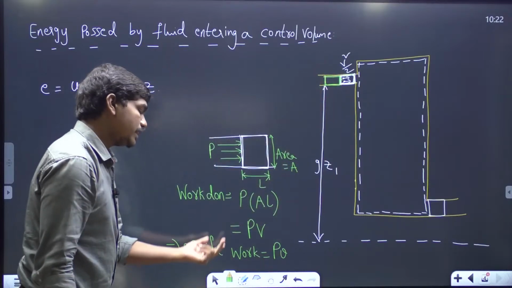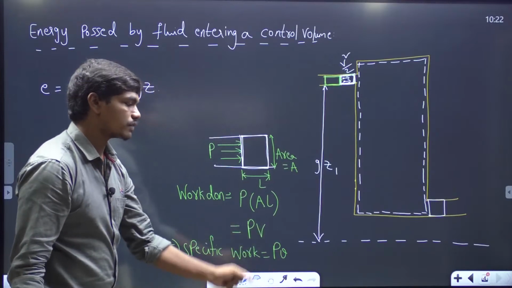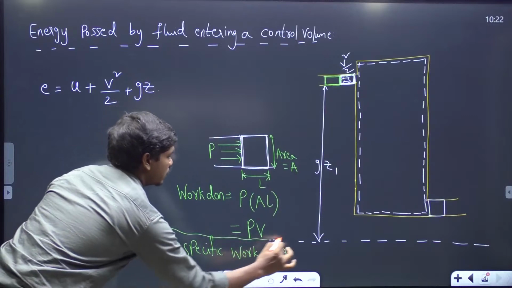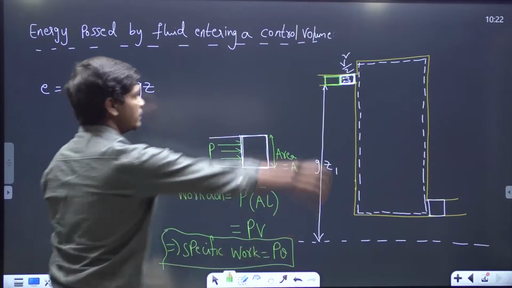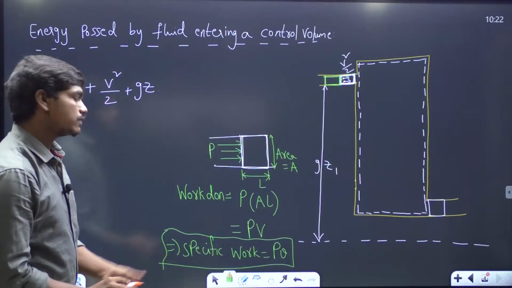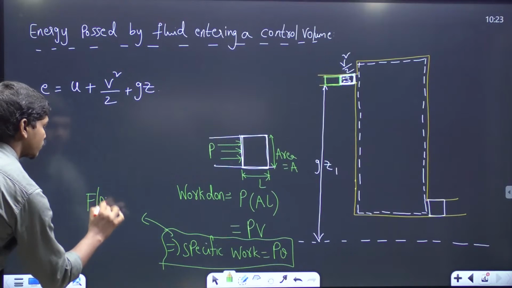But this specific volume is a property of the system. So P into v will give you the specific work done by this green block to push this white block into the control volume, correct? And this work which you are getting as Pv is called flow work.